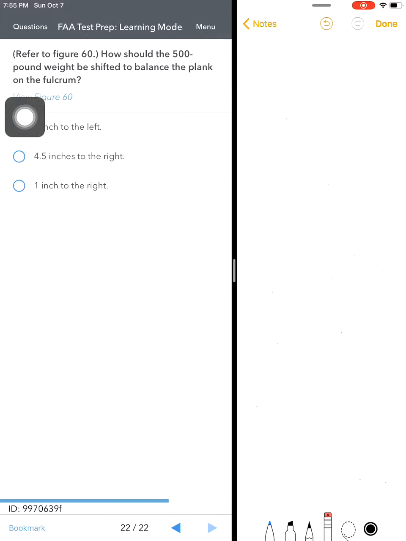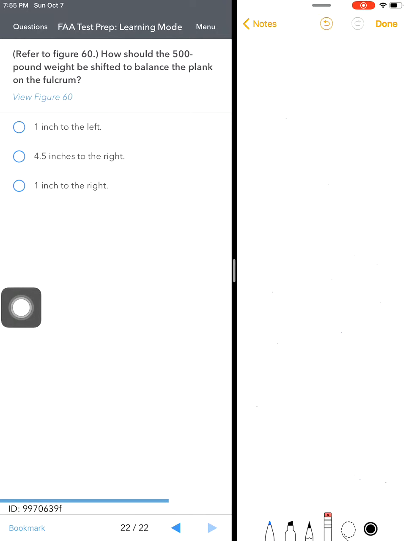This one is the interesting one, the one we just worked on. I can work on it again, and this one is the last one. How should the 500-pound weight be shifted to balance the plank on the fulcrum? Let's take a look at it.